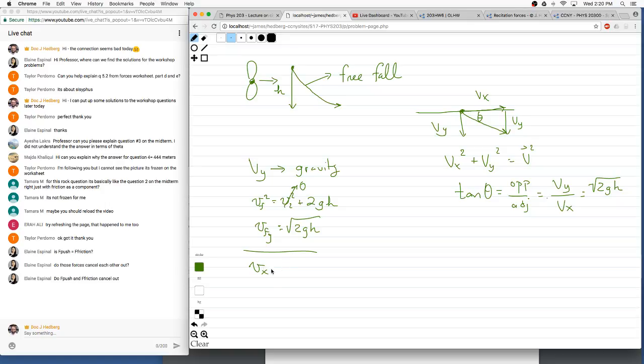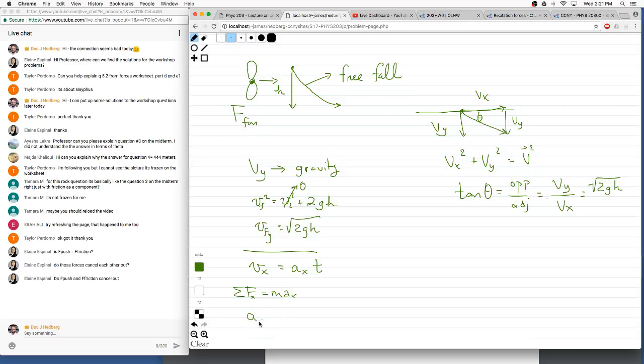To figure out Vx, I need to figure out 2 things. I need to figure out the acceleration in the x direction and how long it's in the air. Acceleration in the x direction is, of course, always going to be given by the sum of forces in the x direction equals the mass times acceleration, F equals ma, second law. And I know that the only force acting in the x direction is what we call F fan.